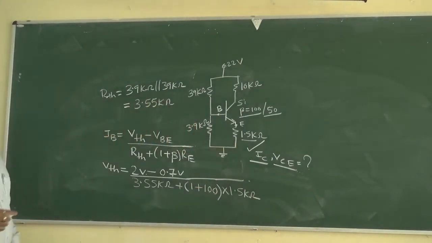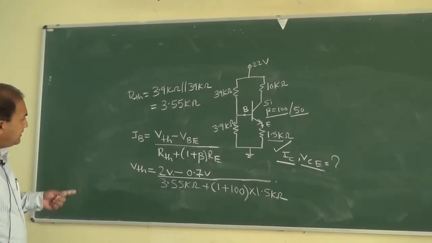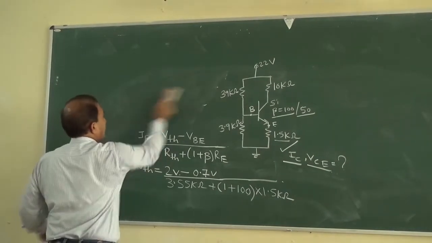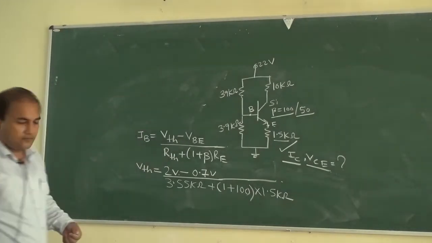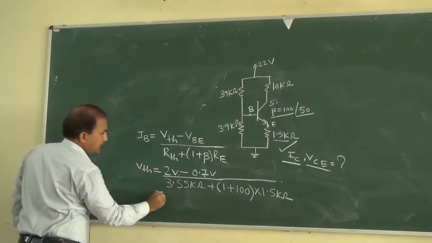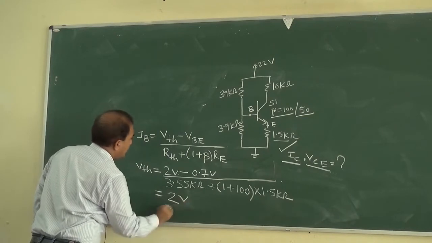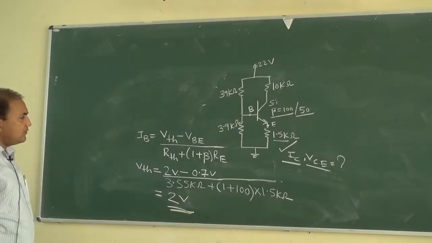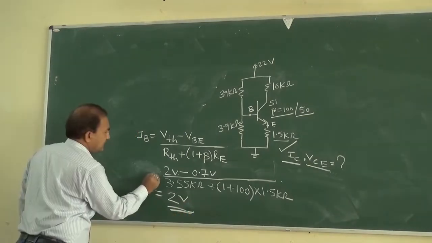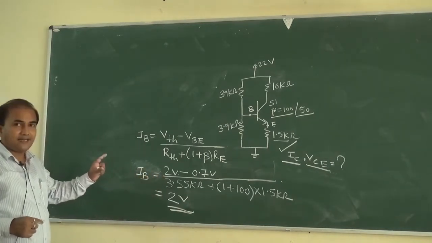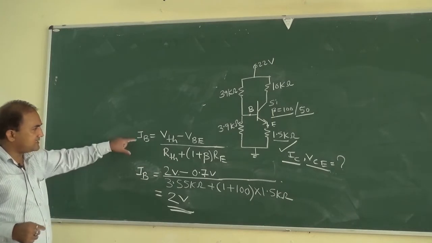Okay, it is like this. VTH is equal to 2 volt. So in this way we can determine the value of IB. This is IB.